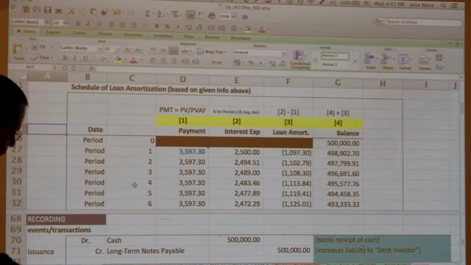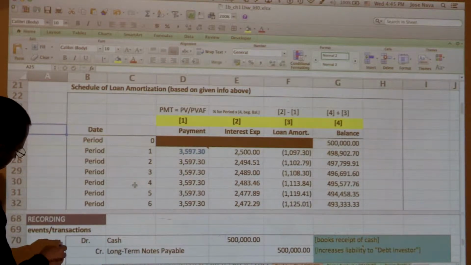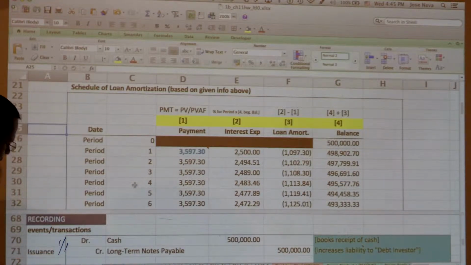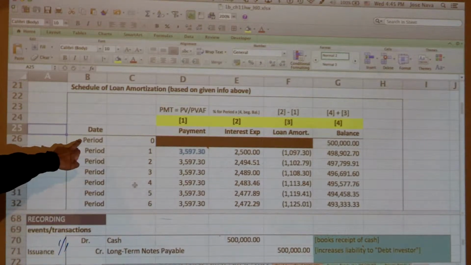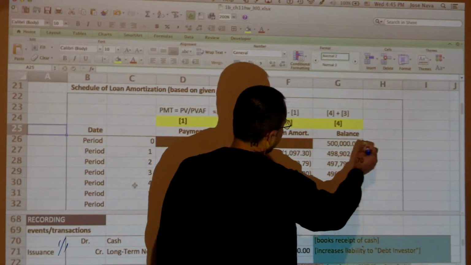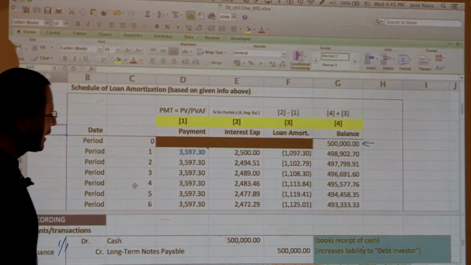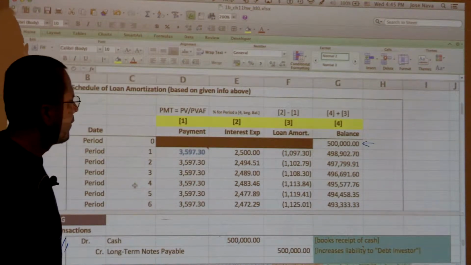This is the issuance. This happens at the very beginning of the period of the year, so you can always refer to this as January 1st. And that's what this is here, the very beginning of a period. In terms of the table here, the very first column shows a balance beginning for that loan of $500,000.